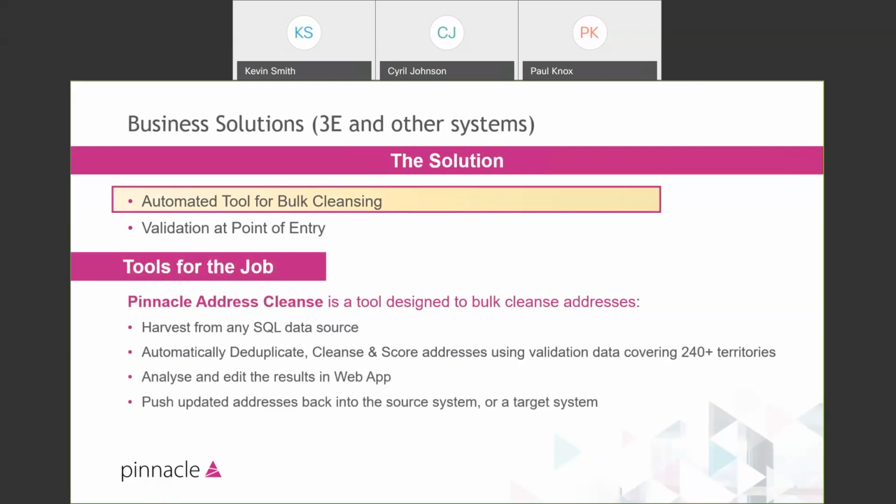So the first of these is our address cleansing tool. It's an automated tool to allow you to identify and clean poor quality addresses. It starts off by first harvesting from any SQL data source, although potentially we could handle any other format.